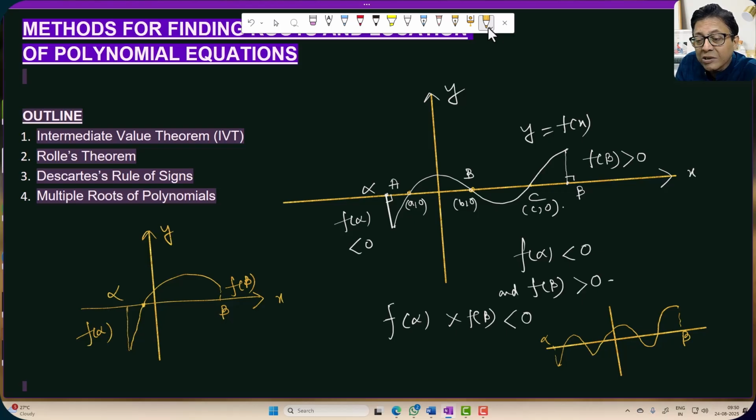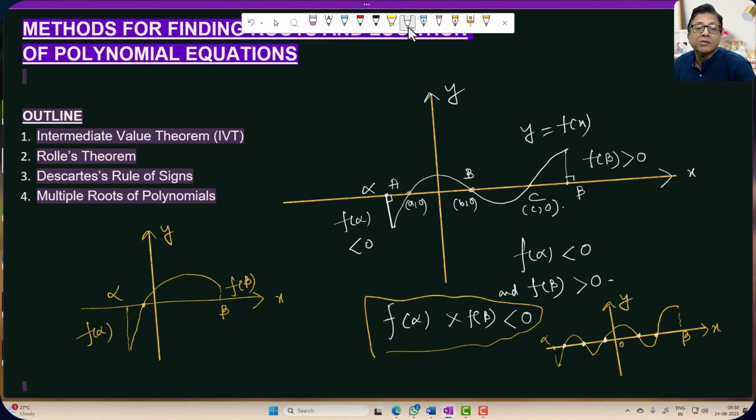So, how many roots are there? 1, 2, 3, 4, 5. So, between these 2 points, alpha and beta, as they are of opposite sign, as this condition is maintained, we can say that there are 5 zeros of the polynomial, 5 roots of the algebraic equation or polynomial equation.